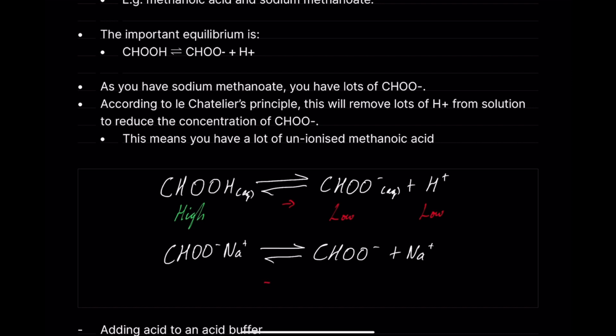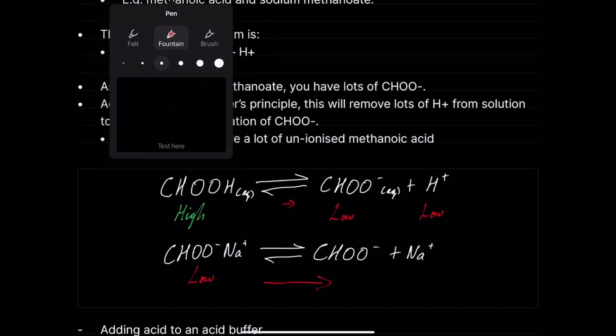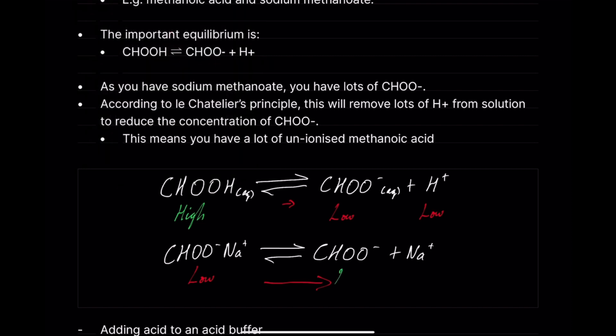Because the equilibrium is far to the right and it prefers to dissociate fully in solution, we have a low concentration of our reactant, which is the sodium methanoate, but a high concentration of our methanoate ion from this equation, and a high concentration of Na plus from the dissociation of the salt.